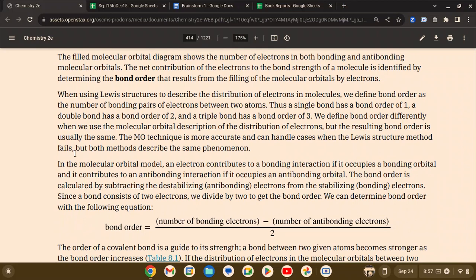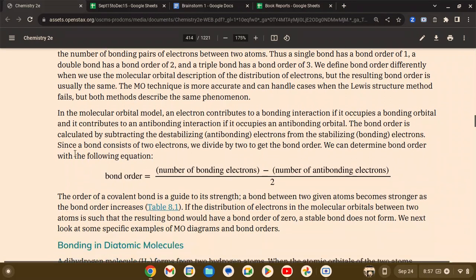We define bond order differently when we use the molecular orbital description of the distribution of electrons, but the resulting bond order is usually the same. The MO technique is more accurate and can handle cases when the Lewis method fails, but both methods describe the same phenomenon.